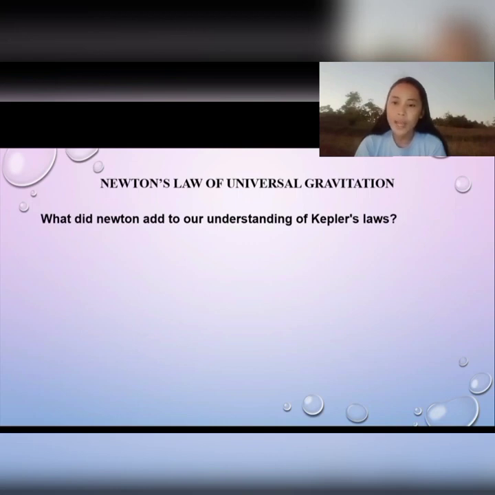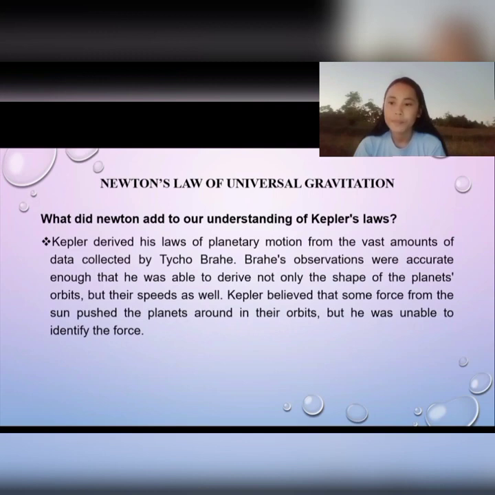What did Newton add to our understanding of Kepler's laws? Kepler derived his laws of planetary motion from the vast amounts of data collected by Tycho Brahe. Brahe's observations were accurate enough that he was able to derive not only the shape of the planets' orbits, but their speeds as well.